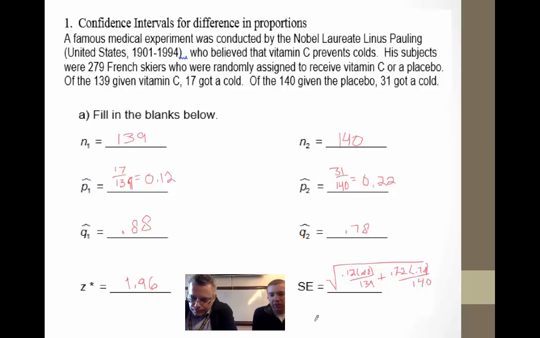Take the square root of all that, and what do we get? There we go. We get 0.045.